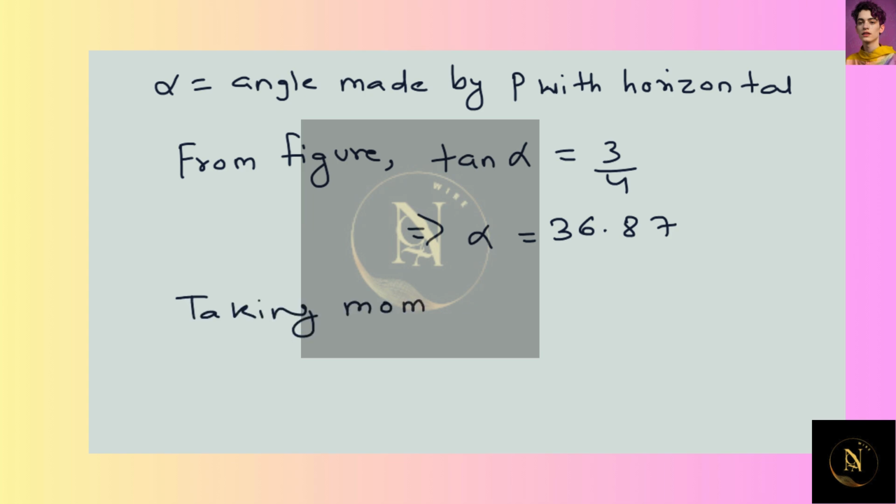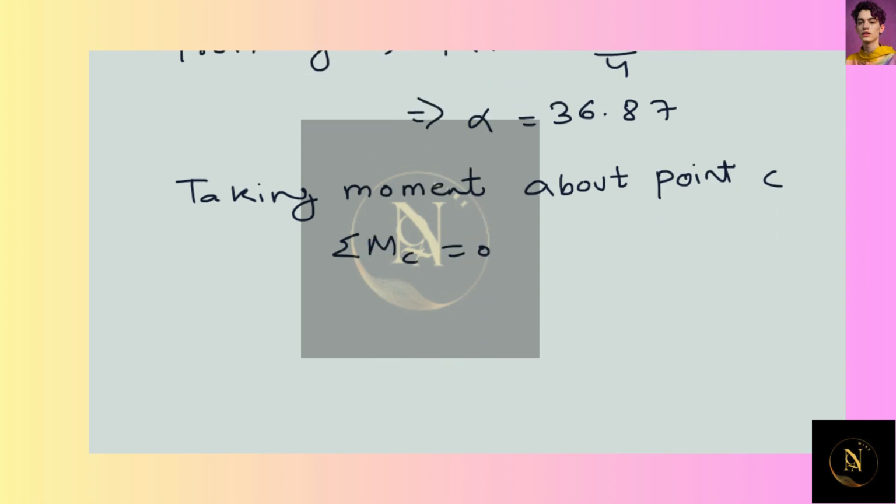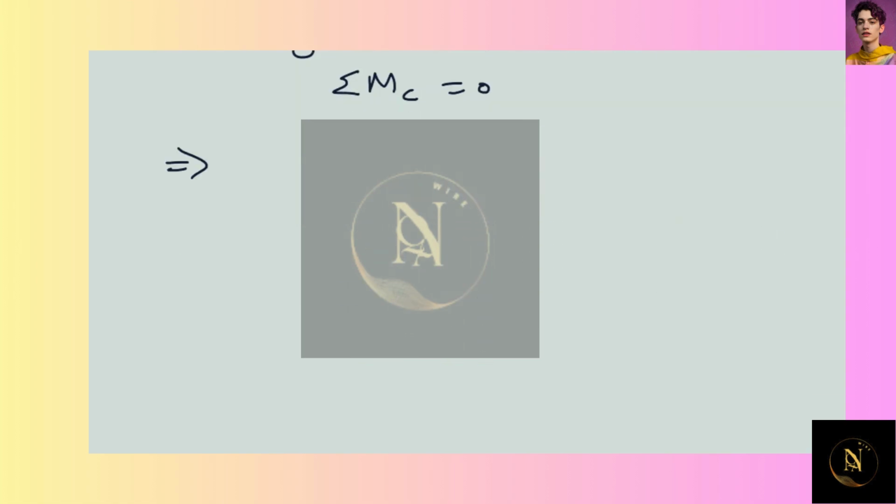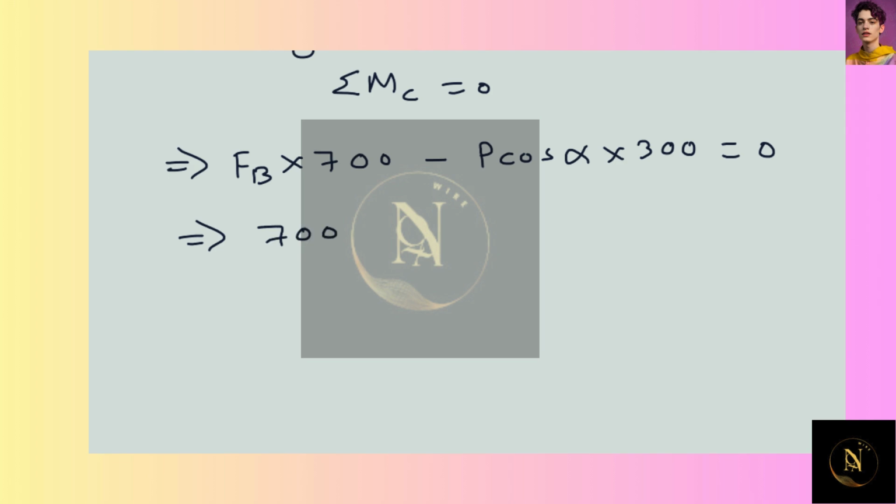Taking moment about point C, we can write summation of MC is equal to 0. On going further, we can write FB into 700 minus P cos alpha into 300 is equal to 0, or 700 into FB is equal to 300 into 150 into cos 36.87.